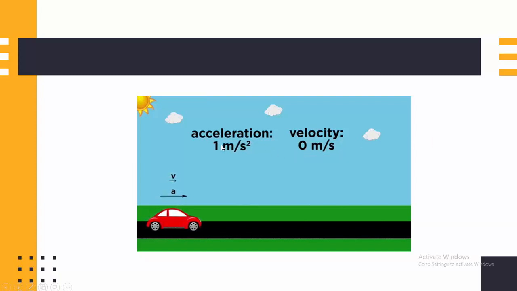Initially, an acceleration of 1 meter per second square is applied. The velocity is increasing from 0 to 1. I am continuously applying the acceleration, so the velocity is increased to 2. Further, I am applying the acceleration, and the velocity is increased to 3.